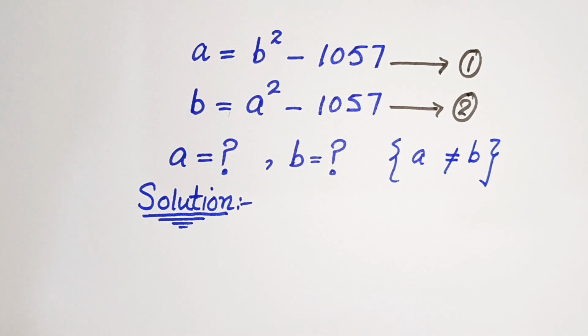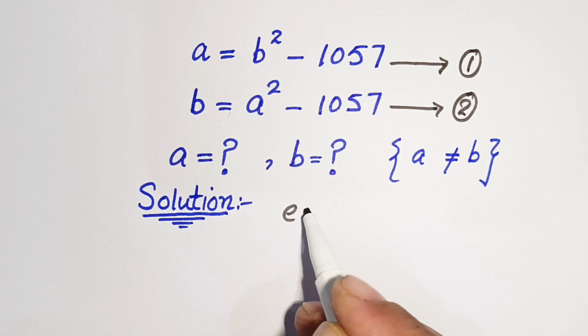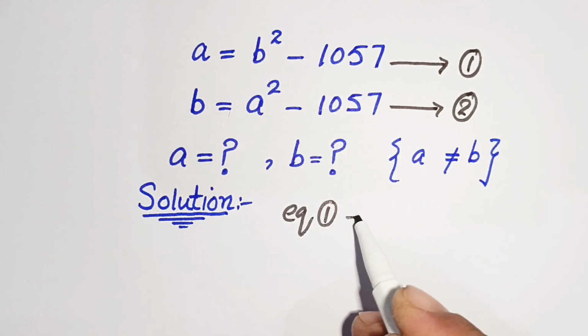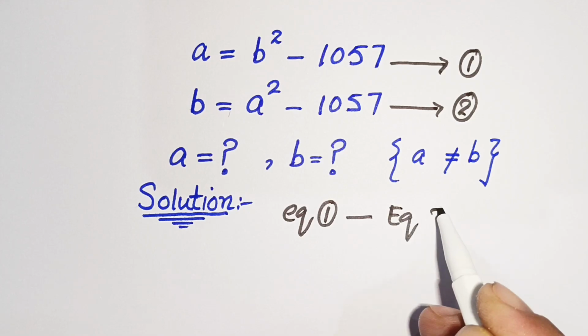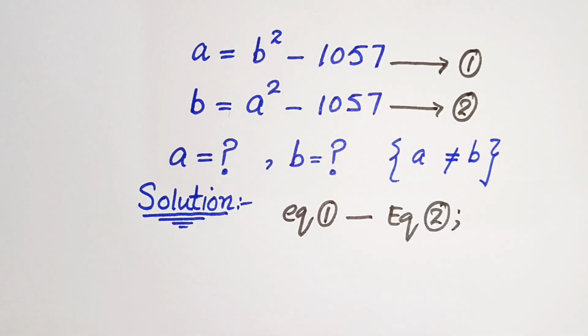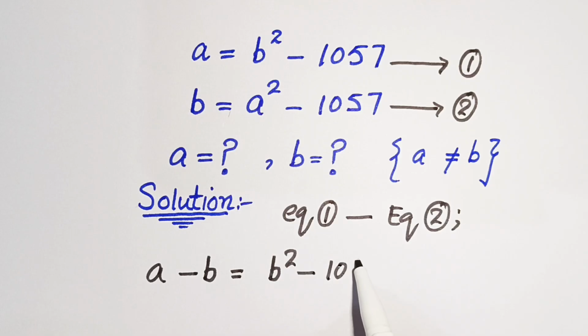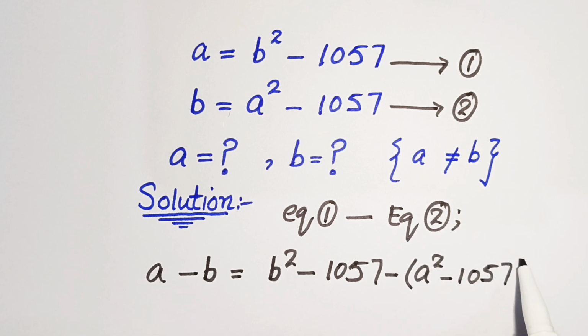Now starting our solution, first of all we just subtract equation 1 and equation 2. Then the left hand side of equation 1 is a, minus the left hand side of equation 2, which is b. The right hand side of equation 1 is b squared minus 1057, minus the right hand side of equation 2, which is in parentheses a squared minus 1057.